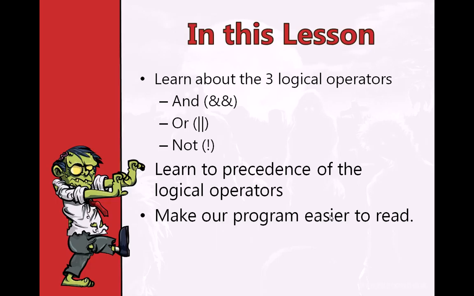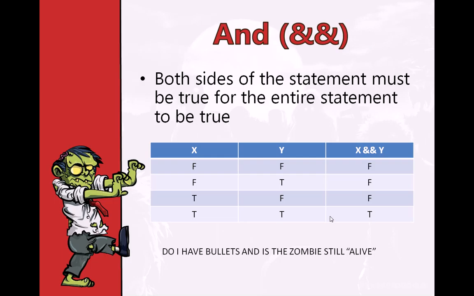All right, so let's talk about the operator and, or 2 ampersands. Both sides of the statement must be true for the entire statement to be true. And here we have what is called a truth table. I have X, I have Y, and then I have X and Y. X and Y can represent anything.